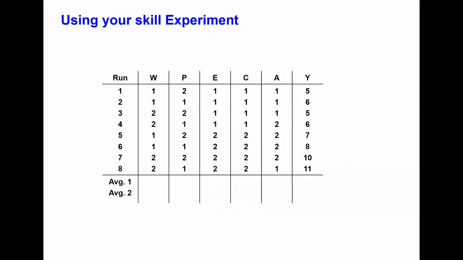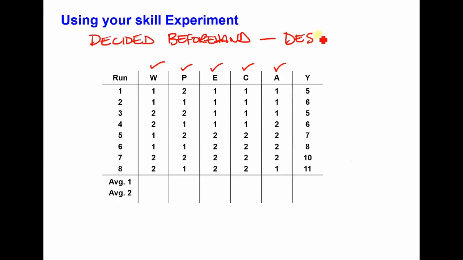And then you use your skill to decide which tests you actually plan into your experimental pattern. So let me show you the sort of thing that might mean. Here's an experiment where someone's got five variables that they'd like to understand, and they've sat down and planned these 8 tests out beforehand, and because they've planned them beforehand, they will say this was a designed experiment.